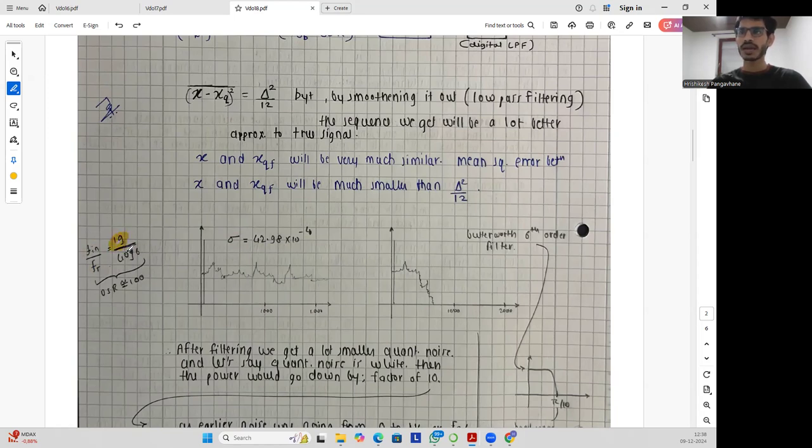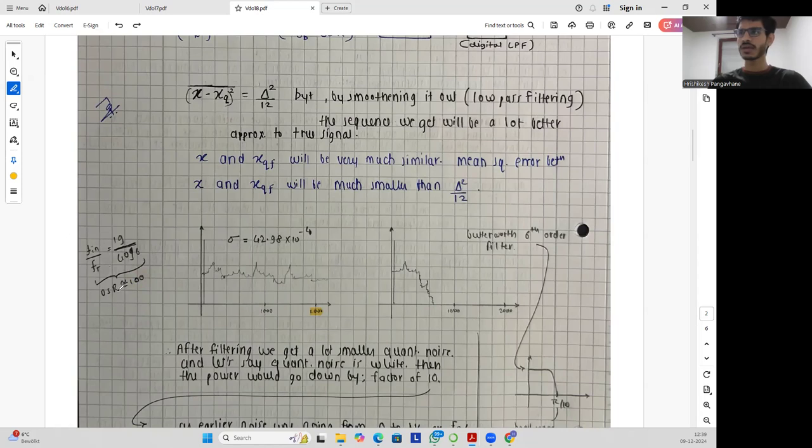So we have the 20th bin, and 4096, round it off to 4000. Then over here we will have somewhat N by 2, so this is somewhat 2000. So we have a record length of 2000, and we have a frequency bin at 20. So what is OSR? 2000 divided by 20 comes to about 100. So our OSR is 100 in this case.